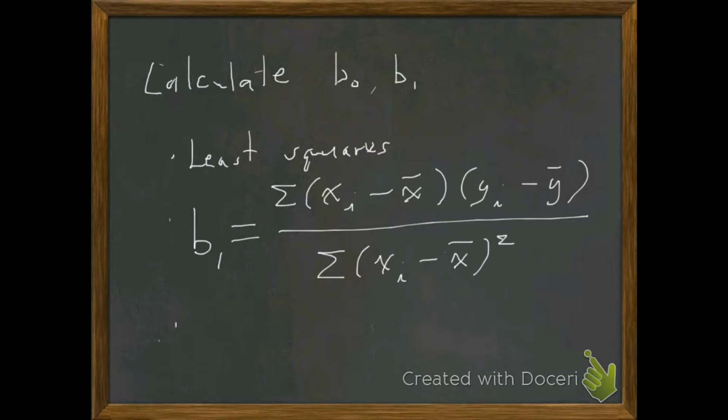And we also saw that we could calculate B0 by taking y bar minus B1 times x bar. Now, that's not incredibly difficult to do. We just have to find the mean, do some differences, products, summations.